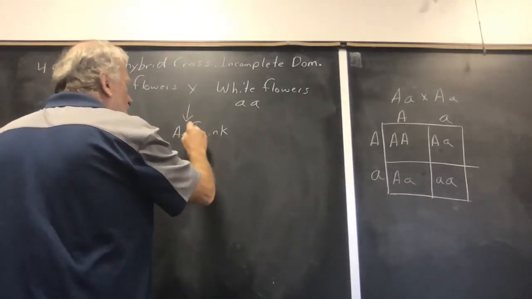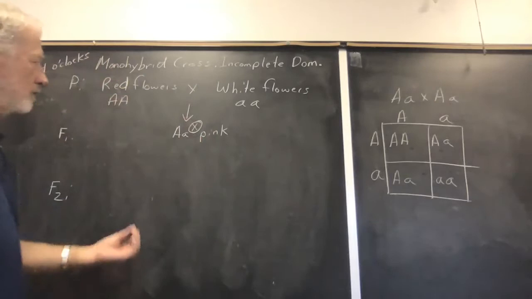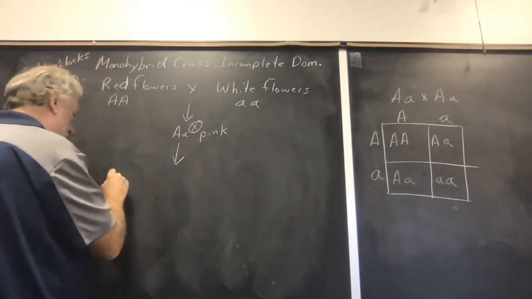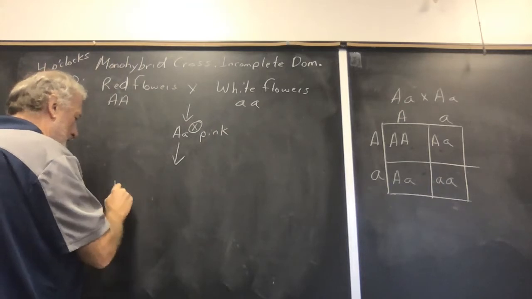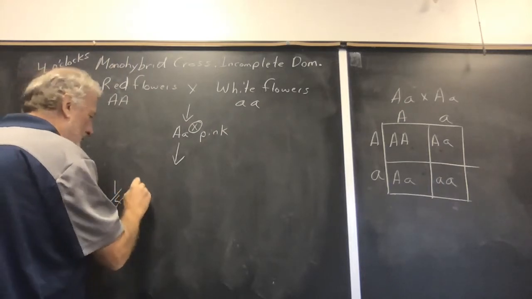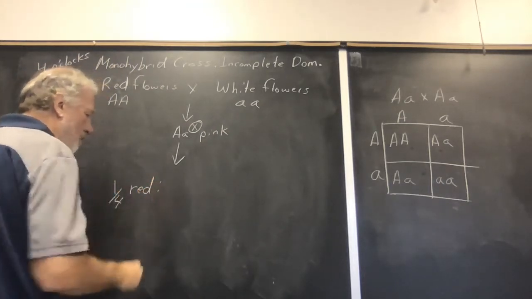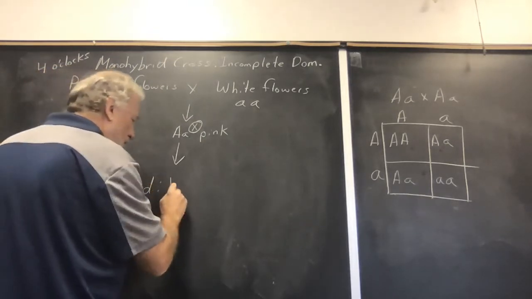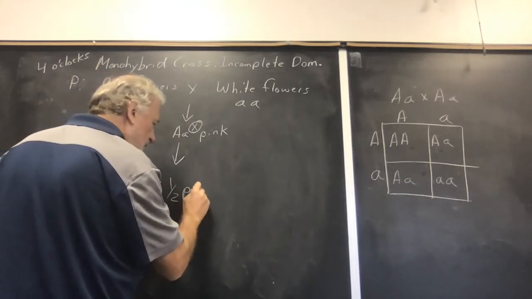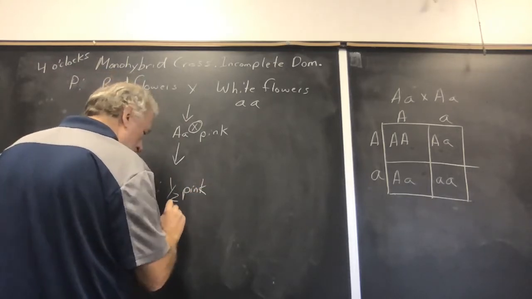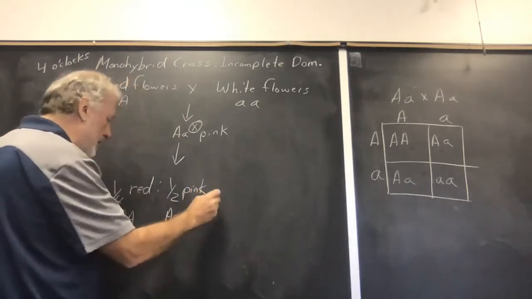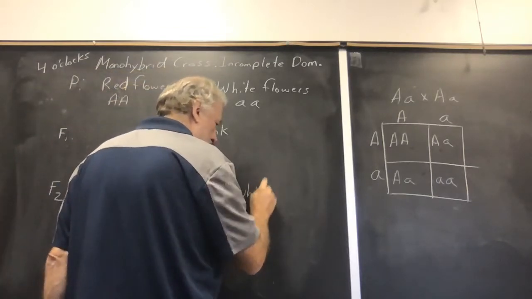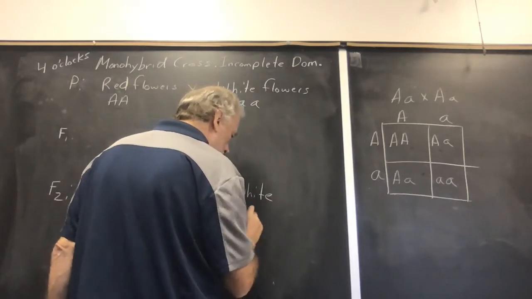And then like before, we will self or cross 2 of the F1s together, the F2 generation. The F2s, 1/4 will be red, big A, big A, 1/2 will be pink, big A, little a, and 1/4 will be white, little a, little a.